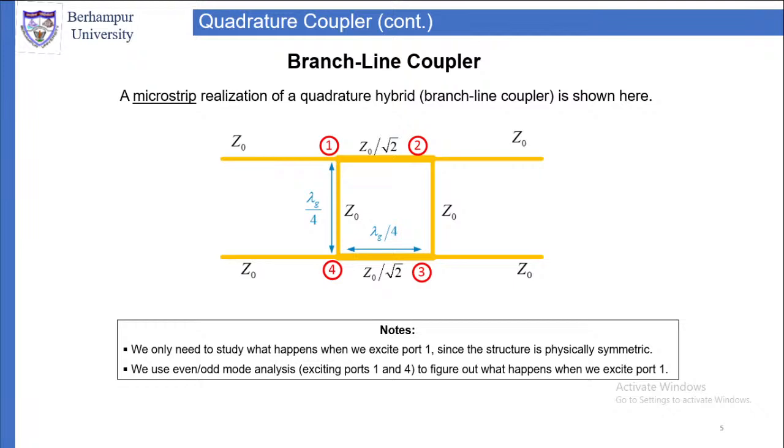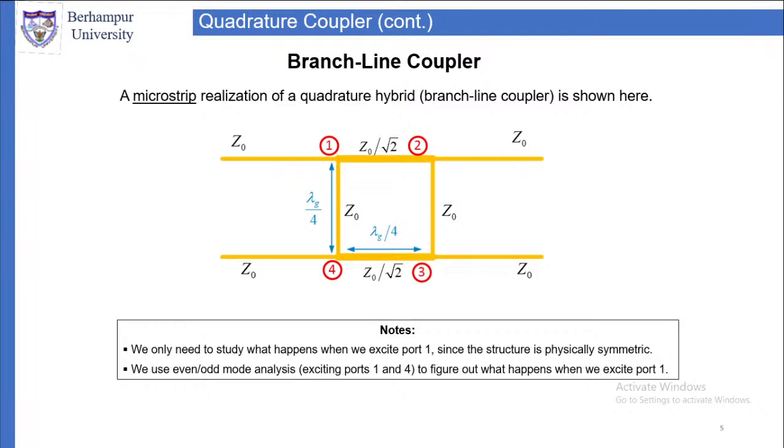So between point 1 and point 2 and between point 4 and point 3, the characteristic impedance will be Z0 by root 2. Similarly, between point 1 and point 4 and between point 2 and point 3, the characteristic impedance will be Z0.